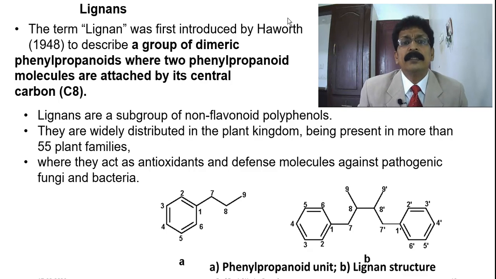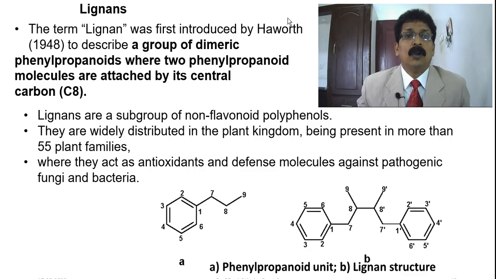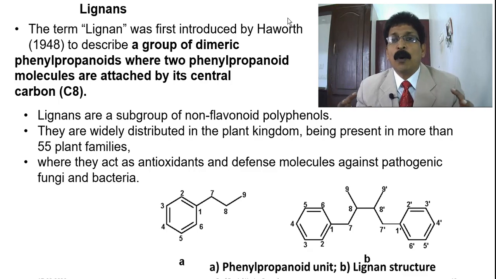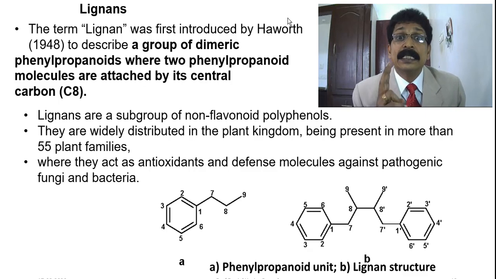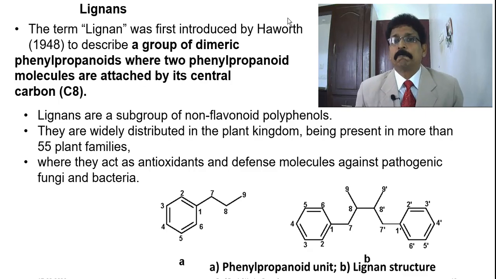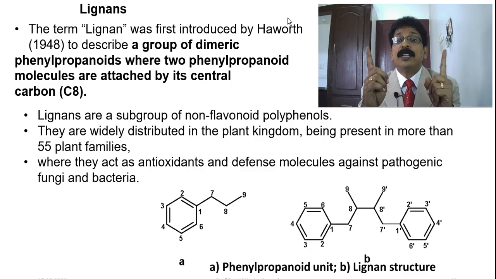The term lignan was first introduced by Haworth in 1948 to describe a group of dimeric compounds, phenylpropanoids, where two phenylpropanoid molecules are attached at central carbon atom 8, and there are two angular methyl groups, because there will be 9 carbon atoms, but the 8th carbon atom is attached and the 9th carbon atom becomes a free methyl group. You can see the chemical structure.